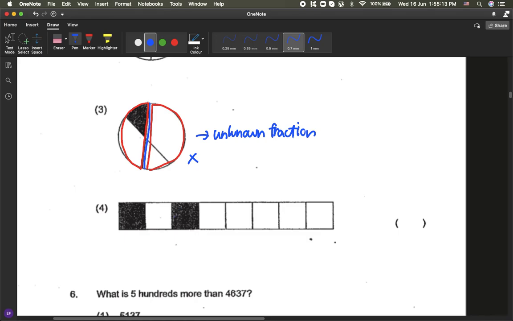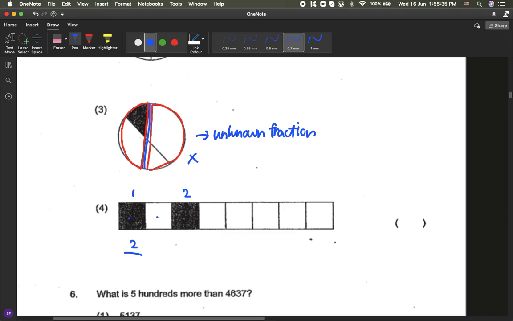Now, for option 4, we see that these are all the same shapes, and they also have equal sizes of squares. So in the shaded region, there are 2 squares. So our numerator is 2, and our denominator is just the total number of squares.